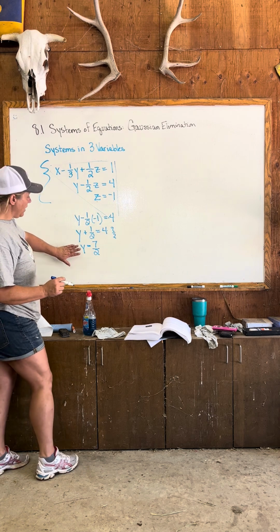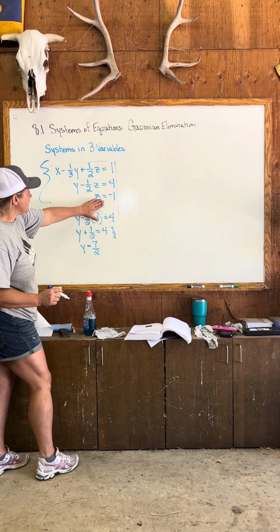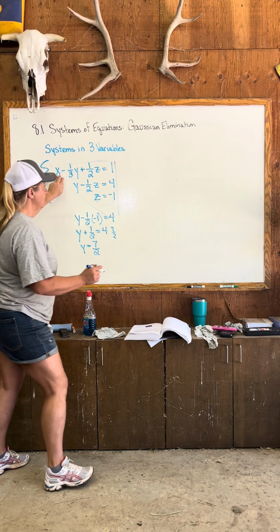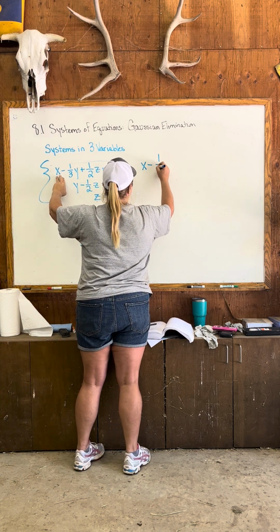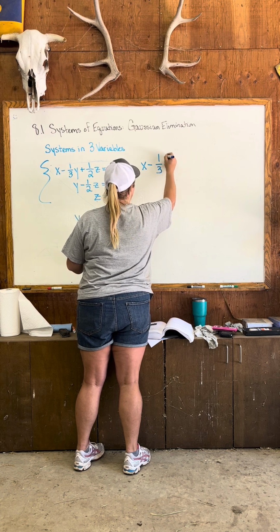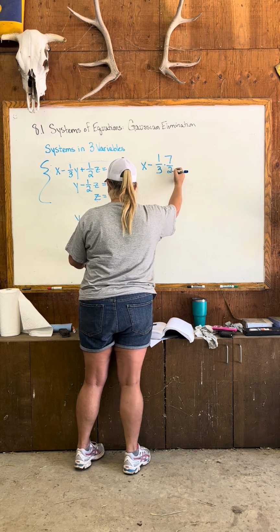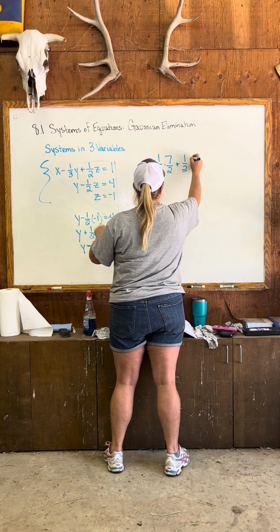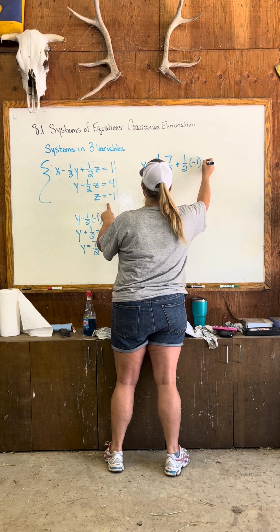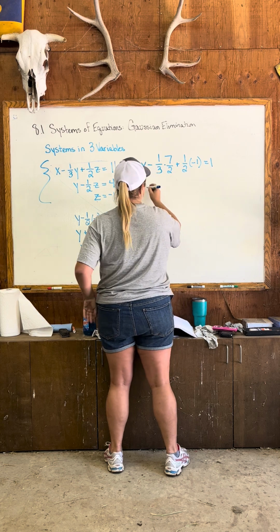All right, and then we're going to go with this guy and this guy up to the top one. So we're going to say x minus 1/3 times 7/2 plus 1/2 times -1 is equal to 1.